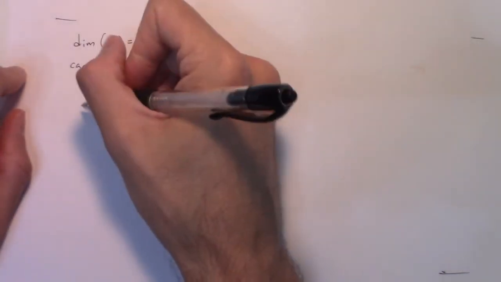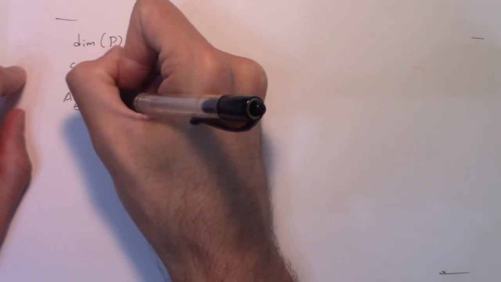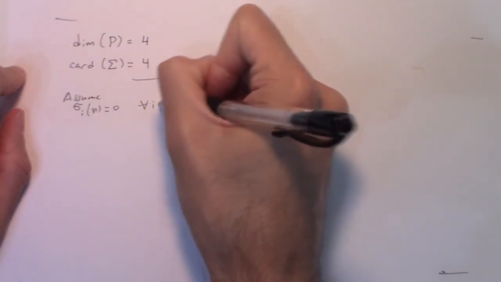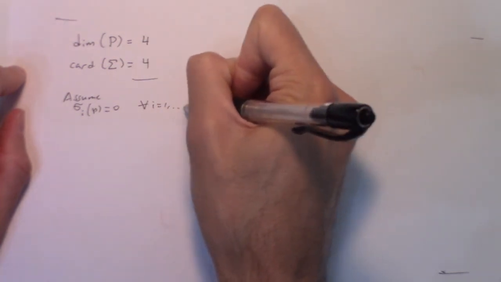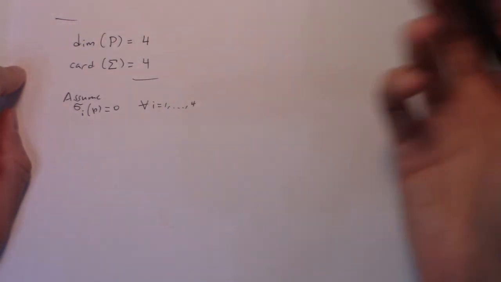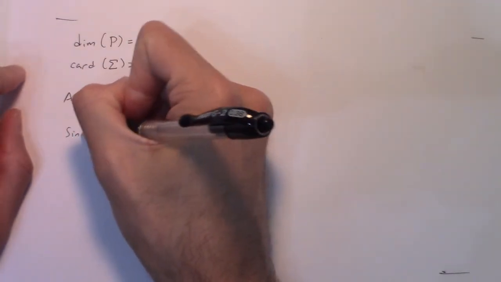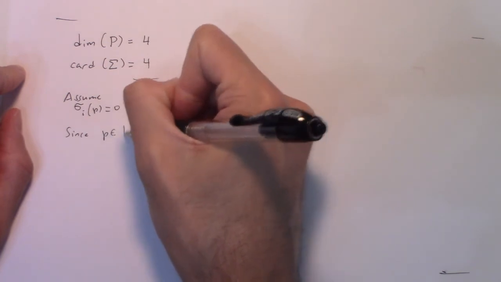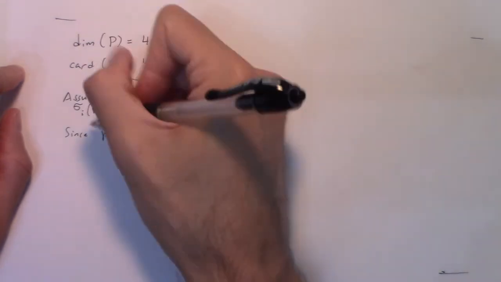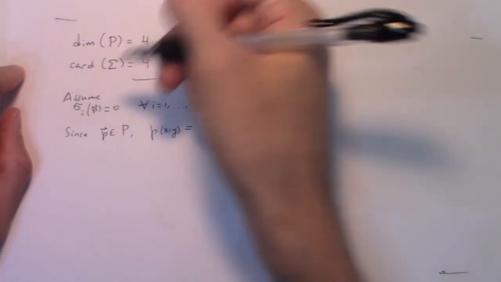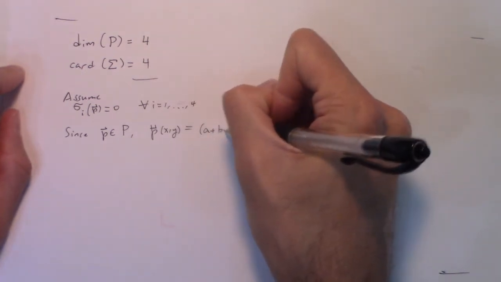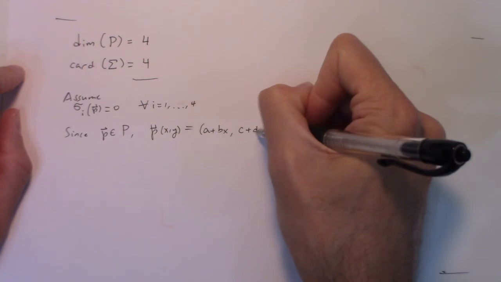Now we're going to assume sigma i of p is equal to 0 for i equals 1 up to 4. By definition of what P is, we can write p of x,y, and this is a vector. I should emphasize that this is a vector valued function. This is going to be a plus bx, comma, c plus dy.